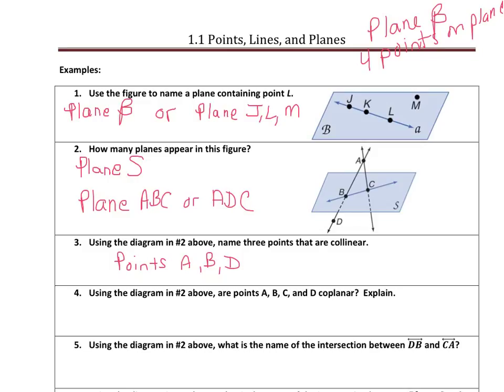Using the same diagram, determine whether points A, B, C, and D are coplanar. And the answer is yes, they are. As I had mentioned above, we could take a piece of paper and make a plane out of that. Now here, if I put a plane on A, B, C and define that as a plane, well, a plane goes on forever, and because D is collinear with AB, then that will be on the same plane. So to explain, we would say that ABC are 3 points that are non-collinear, so they define a plane.